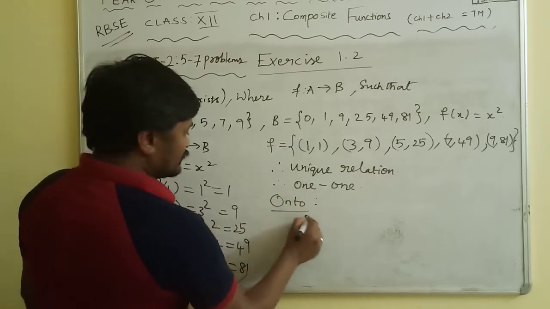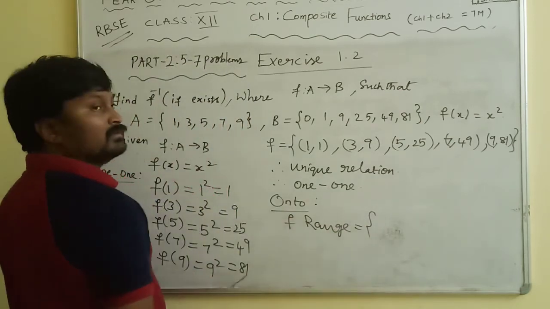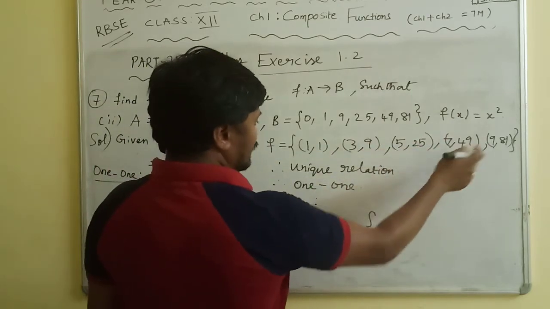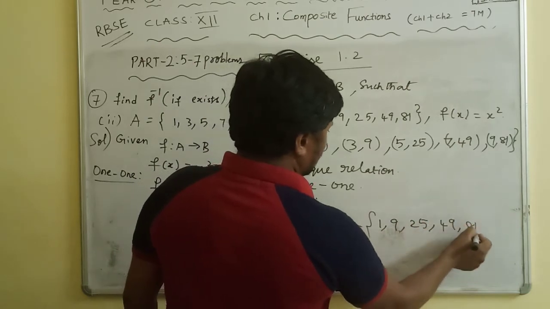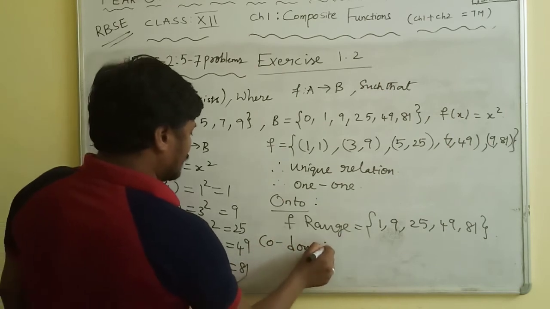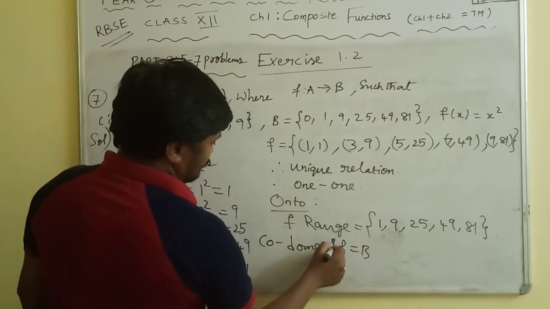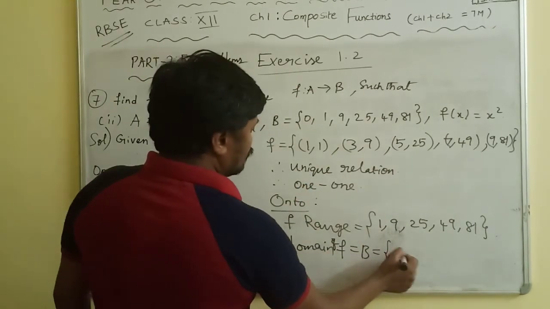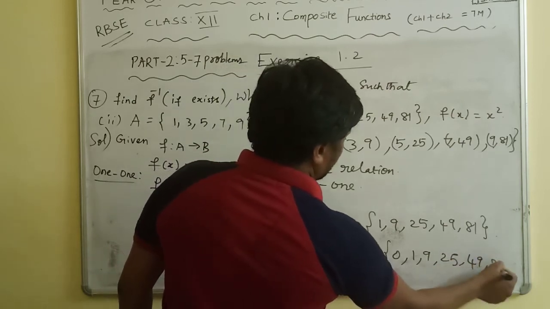So first your range is equal to the range of f. Whatever the second elements are there: 1, 9, 25, 49, 81. And what is the codomain? The codomain of f is equal to capital B. What is your capital B? 0, 1, 9, 25, 49, 81.